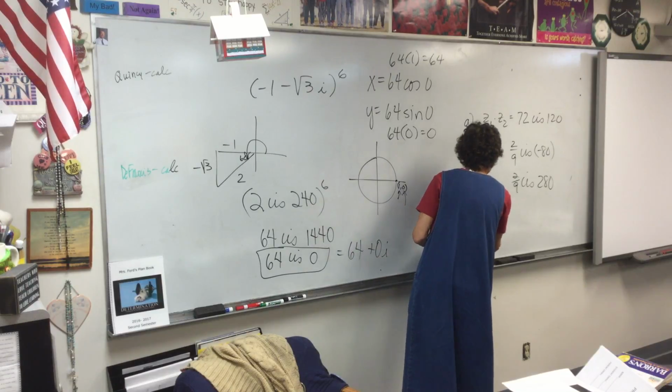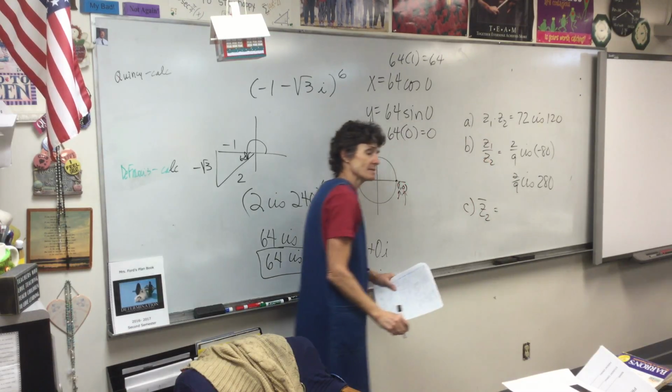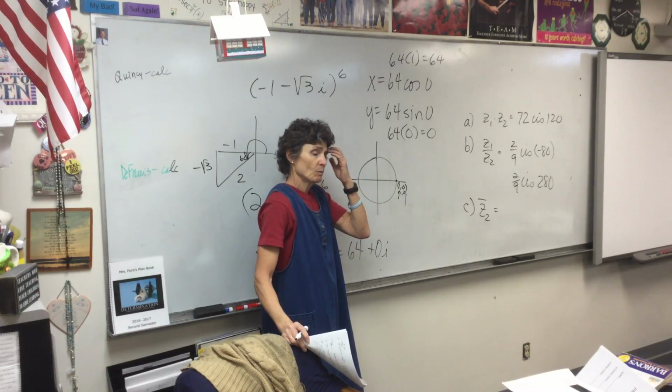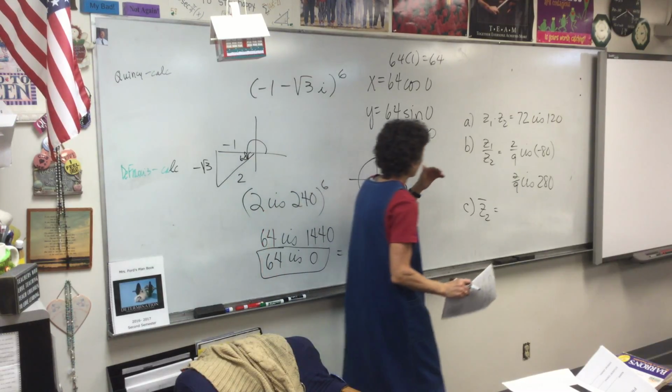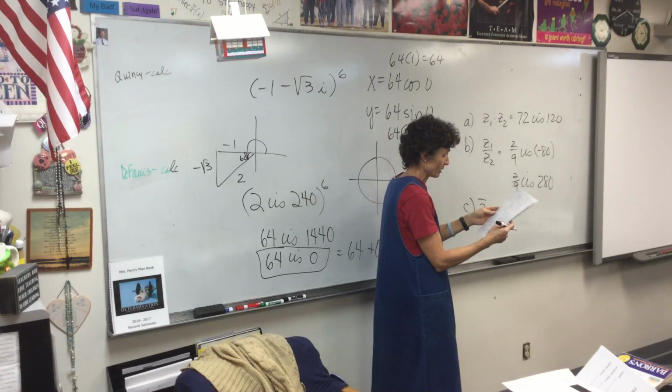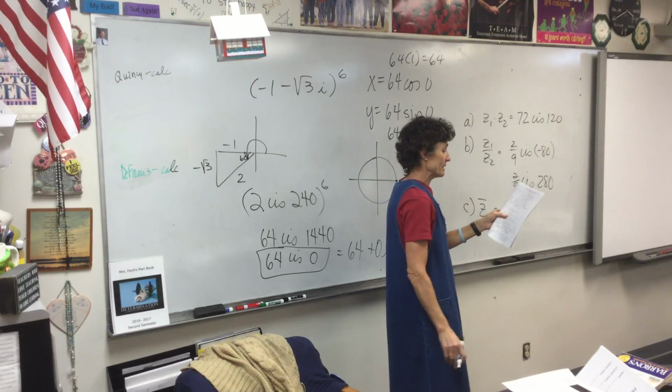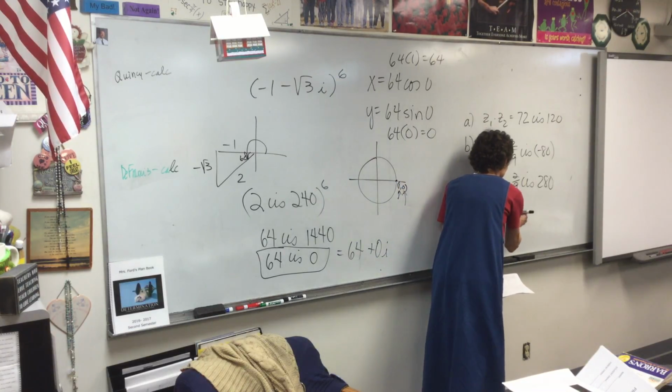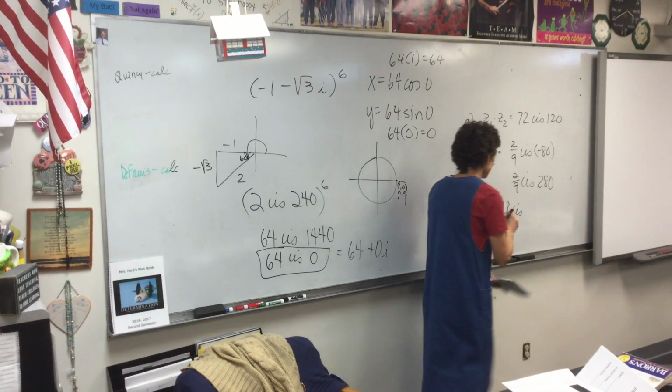All right, what does this mean? Now we've talked about it. That means the conjugate. And when I do the conjugate, now it's z sub 2, so make sure you're looking at the right number. We leave r the same, 18, and we make the angle negative.